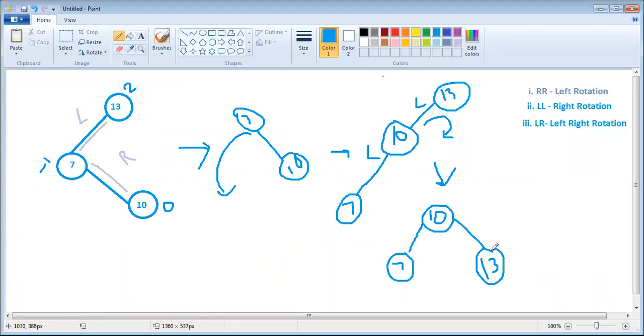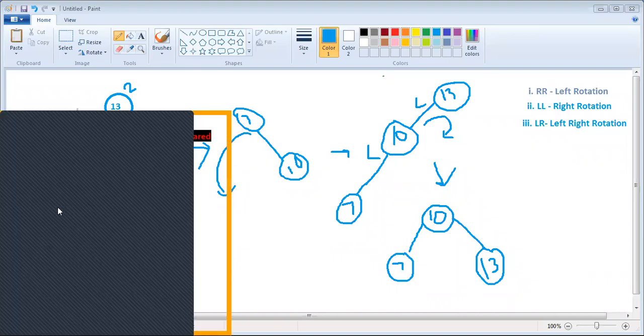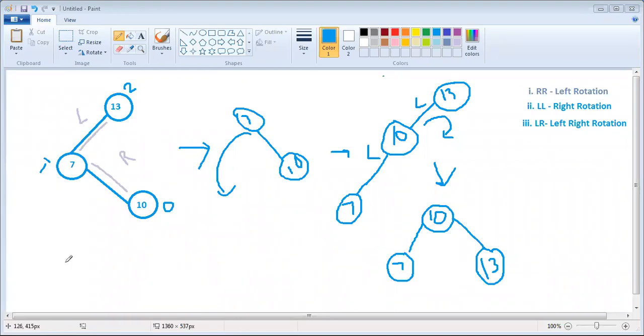Is it clear how I made this? Any doubt? How I converted from this to this? Everyone clear, guys? Yes, ma'am. Okay.